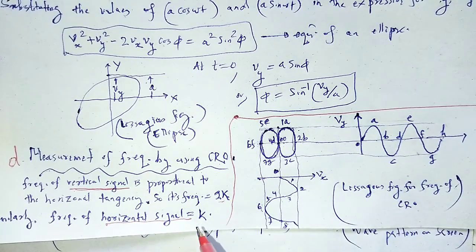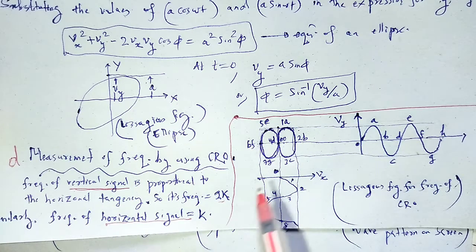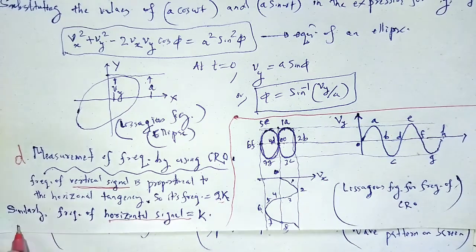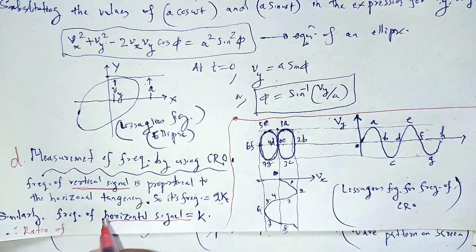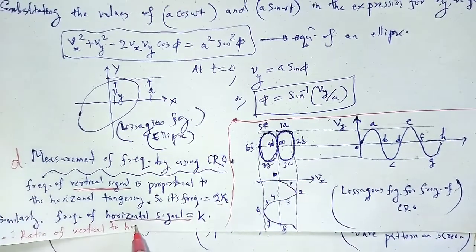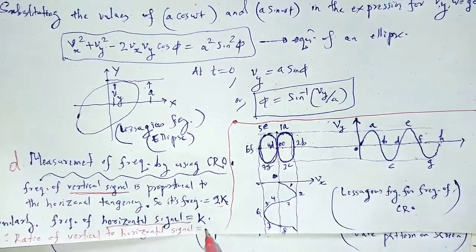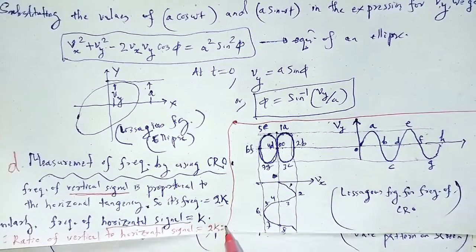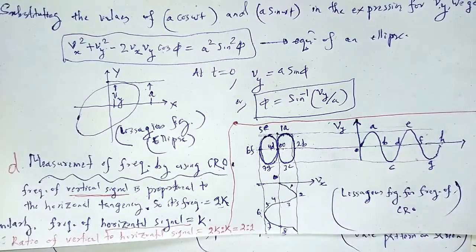So finally the ratio of vertical to horizontal signal is 2k to k, which equals 2 to 1.